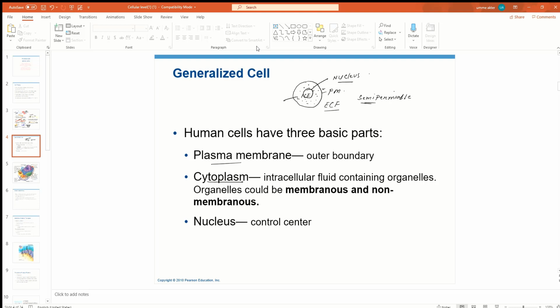Now, in the cytoplasm, you have organelles, liquid and some organelles. There are different types of organelles. We'll talk about that. Okay, so cytoplasm has liquid and the organelles, and organelles could be two types: membranous and non-membranous organelles.